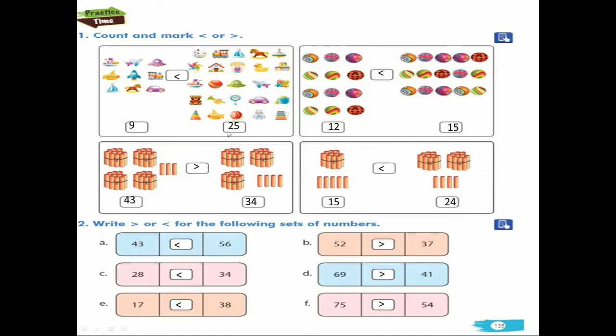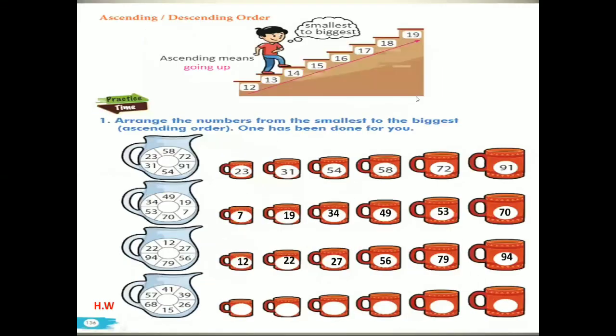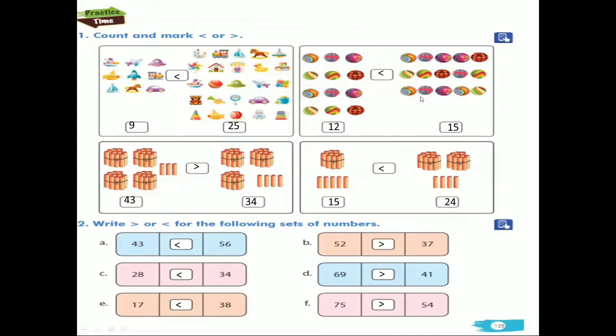So we know that 25 is larger than 9. In the same way, when you count the balls, it will be 4, 4, 8 plus 4, it will be 12. In the same manner, here we have 3, 3, 6, 3, 9, 12 and 15. So here we have 12 and 15. Which one is larger? 15 is larger than 12.